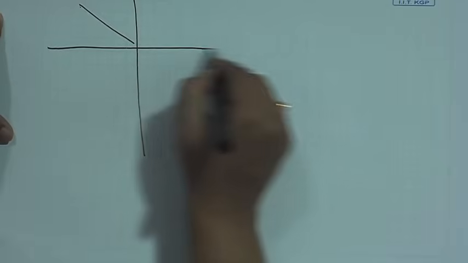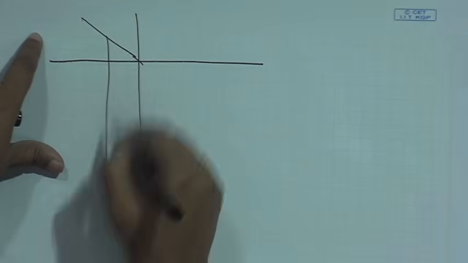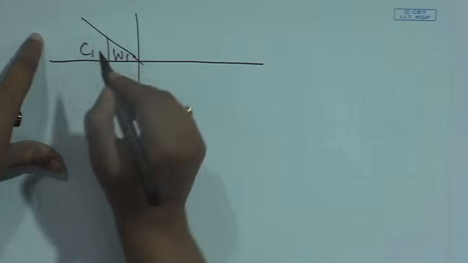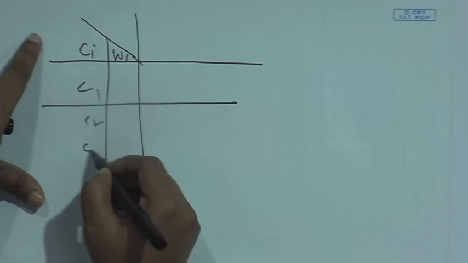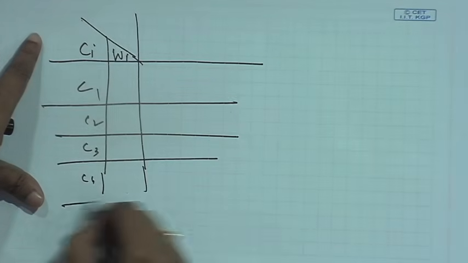So, now again if we try to see the performance of, say, one product, if we put this weightage and this is Ci. So, if we put criteria number 1, C1, C2, C3 and C4, and weightages similarly.